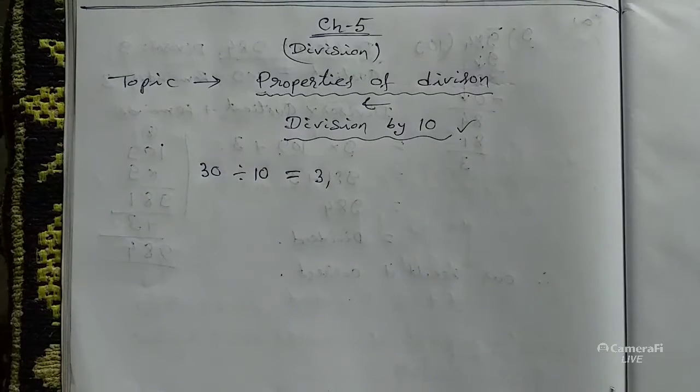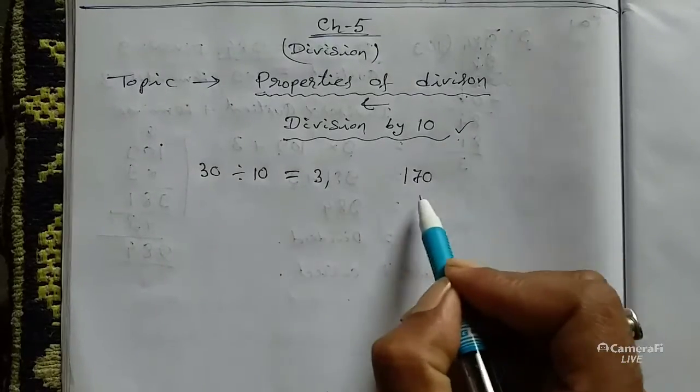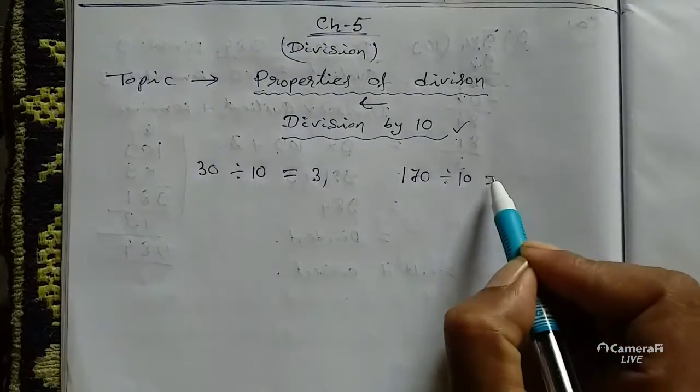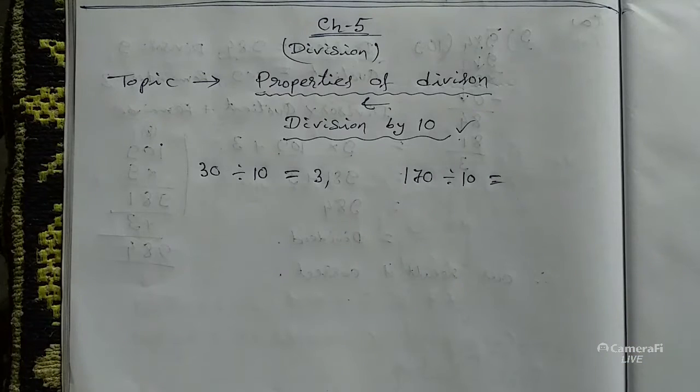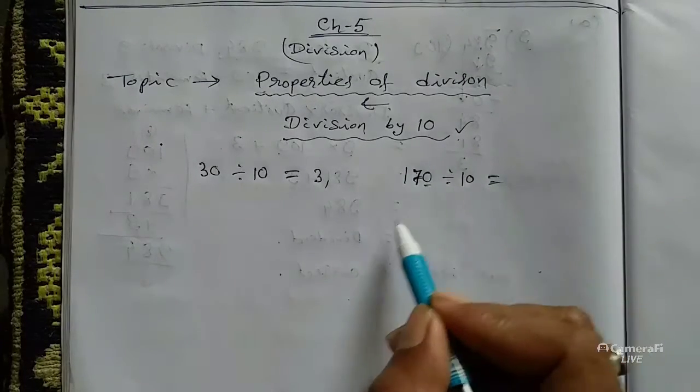It's okay. But whenever we take a 3-digit number, suppose 170 divided by 10, how can we make our work easy here? Here the ones digit is 0.